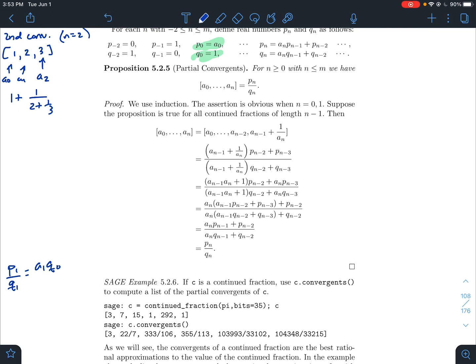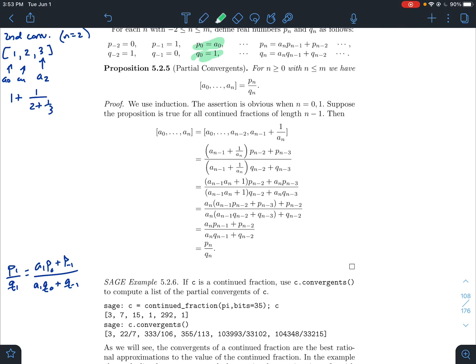And Q1 should be A1 Q0 plus Q negative 1. I think I set a 0 here earlier, and then I meant to change it.